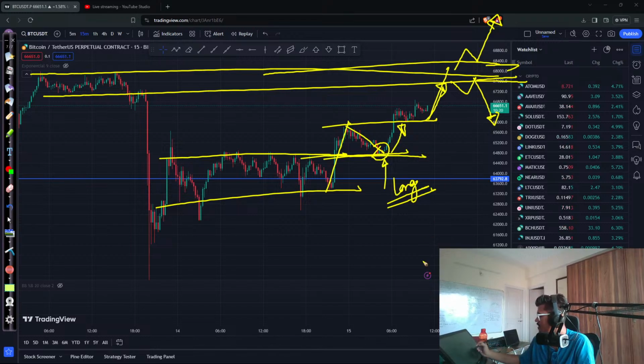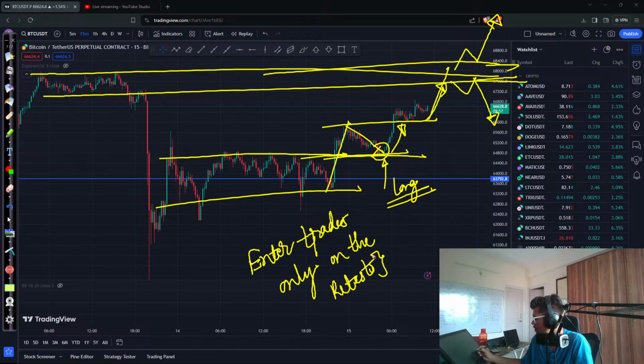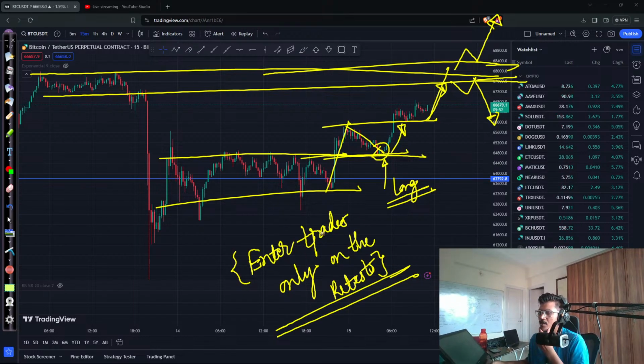That's a good strategy to follow: enter trades only on the retest of it.